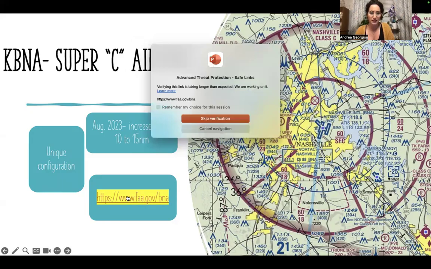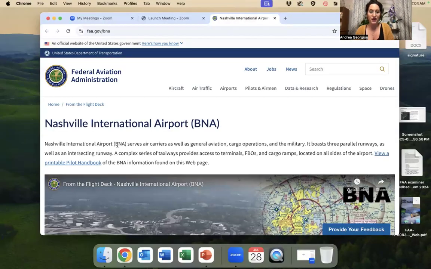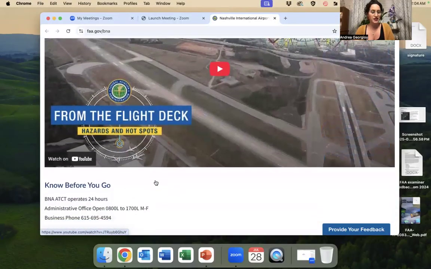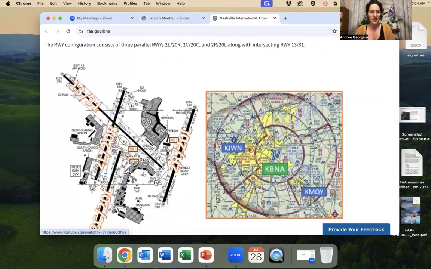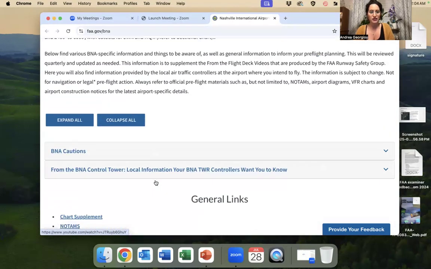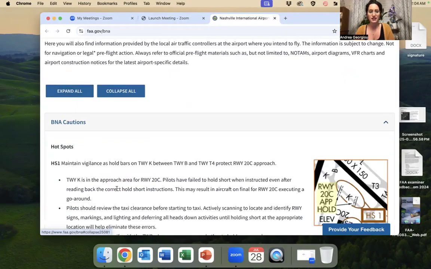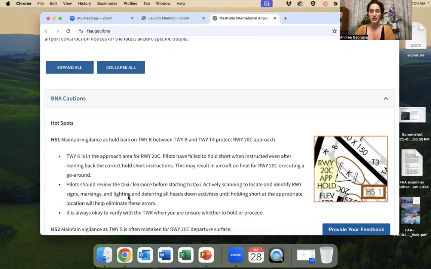This is U.S. airspace. And I wanted to show you this link from the FAA website for Nashville, just in case anyone's interested in going back and reading. I thought it was really interesting where you can click BNA cautions, and they give you different hot spots and why these have been possible issues in the past. Like taxiway Kilo is in the approach area for runway 20 center.